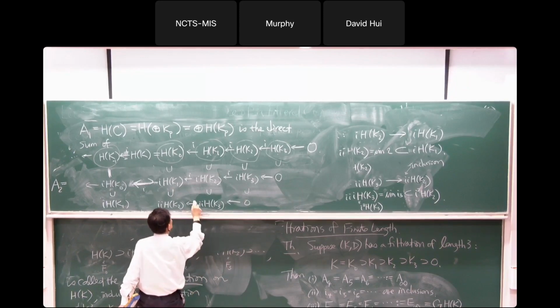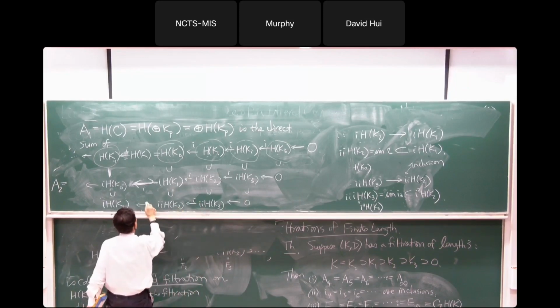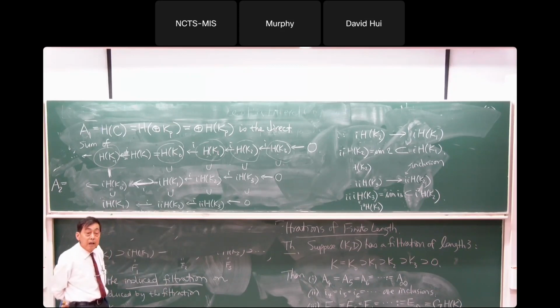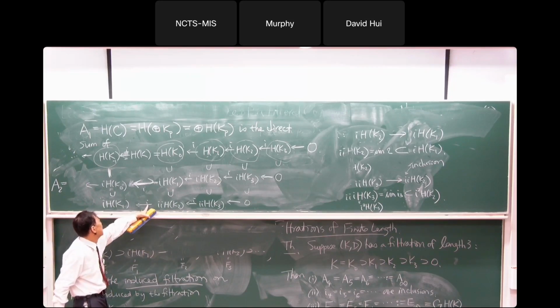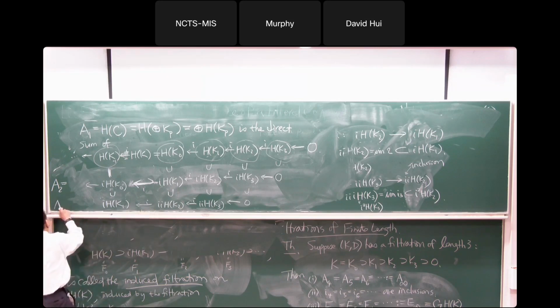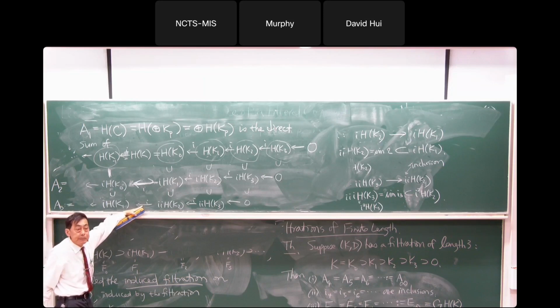And you have these maps I, okay? Now, what can you say about this map I from the commutative diagram? Can you say that it's an inclusion?